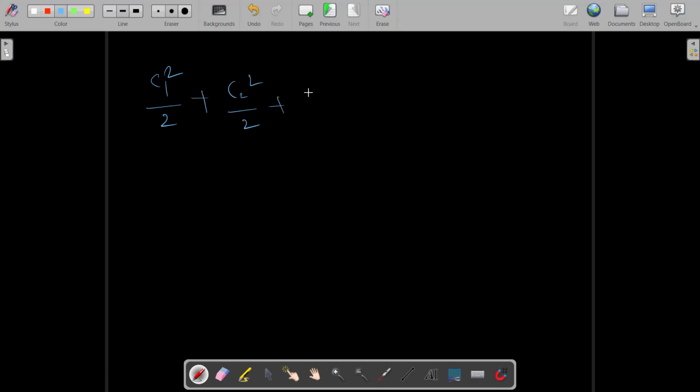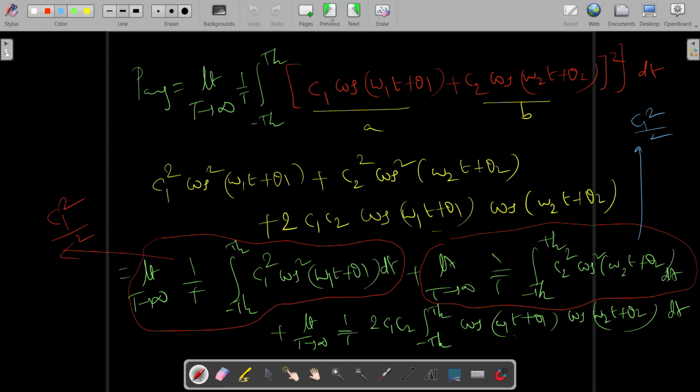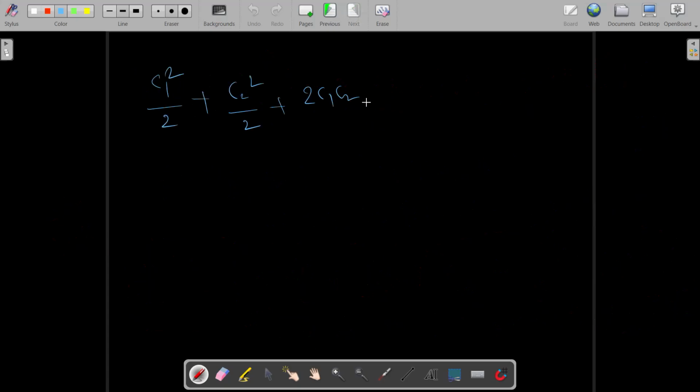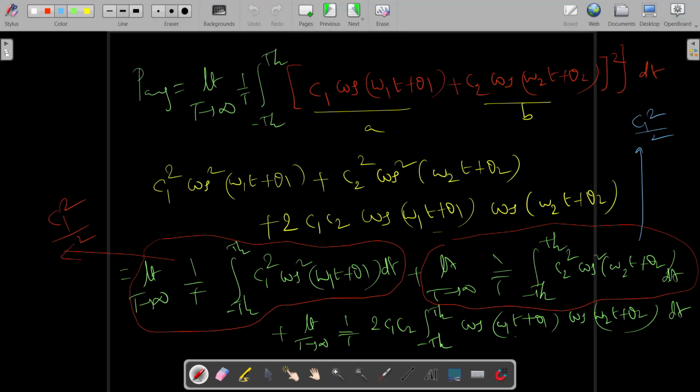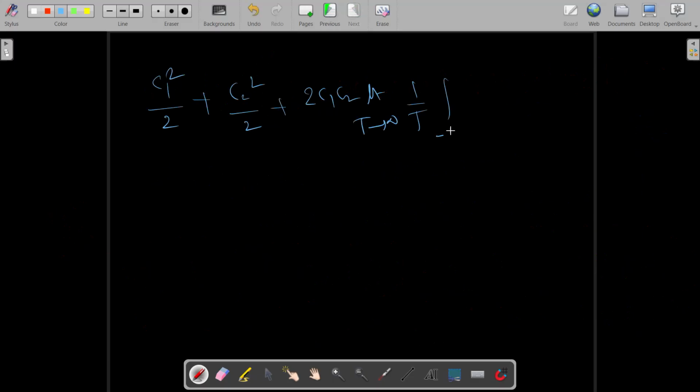What about the third term? This is 2c1 c2, correct? So c1 c2, limit t tends to infinity 1 by t, integral from minus t by 2 to plus t by 2 of cos(omega 1 t plus theta 1), that is the first term, times cos(omega 2 t plus theta 2), the second term, into dt, correct?